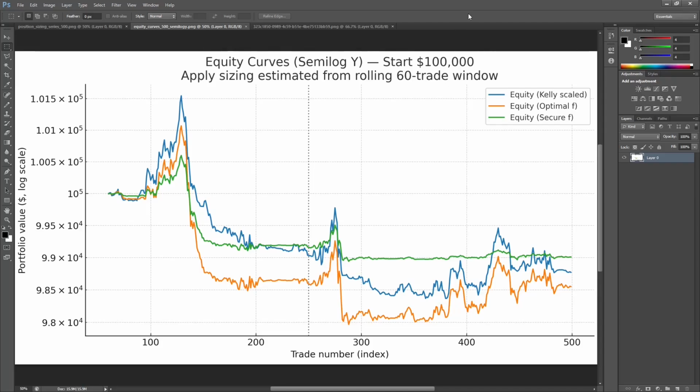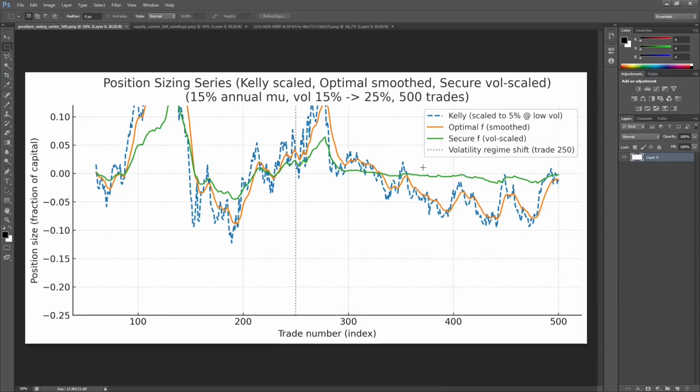Optimal F is worse than a reasonable fraction Kelly. And secure F, in my estimation, is better than the lot, because it uses confidence intervals. You can adjust those confidence intervals when you're looking at stuff like this, and you'll actually be looking at stuff like this on your confidence intervals, because you're looking for this F value, and you will see roughly where you should be.